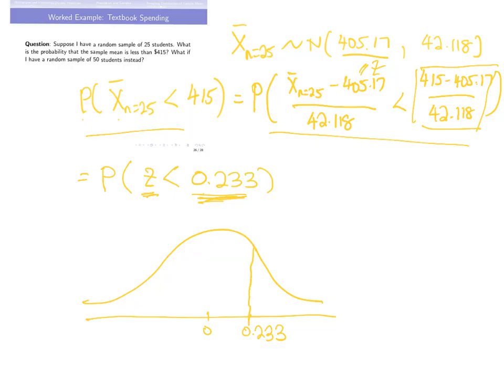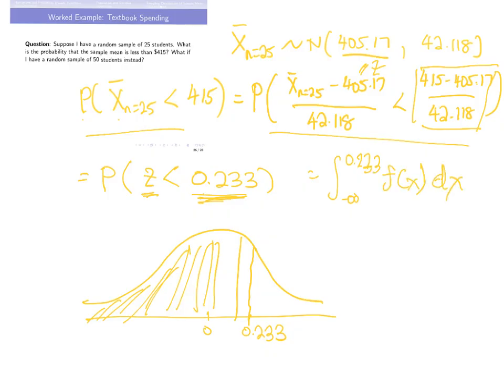So again, for probabilities, we can just shade this entire area, and that is the corresponding area that we want to find. We did say that what one could do is an integration from negative infinity to 0.233 of the probability density function of a standard normal with respect to x.